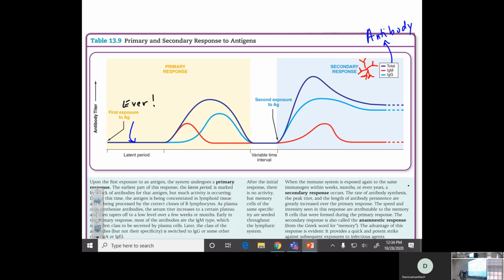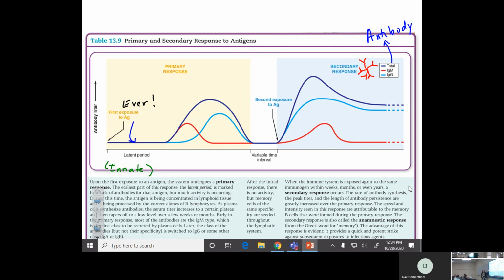From here to here, there is innate immunity going on. During this time when you're not making any antibodies yet, your innate immunity is kicking in with the barriers and the chemicals and the processes.